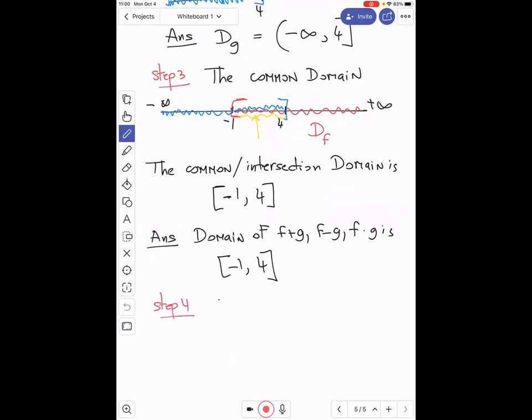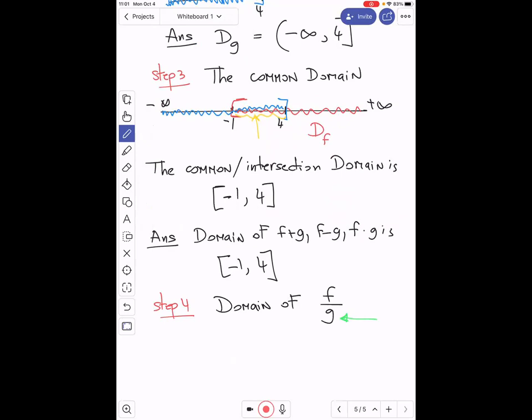So the domain of f over g, right? What we need to do, guys, is exclude the values where g is 0. As you can see, again, we are dividing by g, and we're not allowed to divide by 0. So we need to make sure that the denominator is not 0.